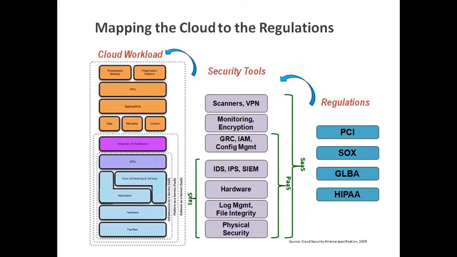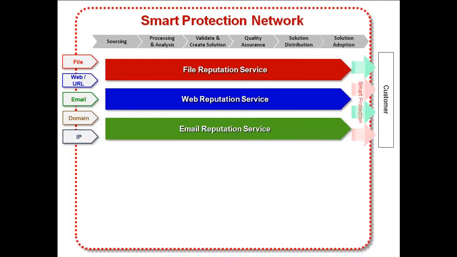We can use identity and access management and configuration management for the platforms, and for the applications deployed on this infrastructure and these platforms, we would be using monitoring, encryption, VPN, and scanners. These would be the security tools used for all three kinds of services. And the same regulations of PCI, SOX, FISMA, and HIPAA would be regulating and making sure that these tools work properly and the service provider is able to provide the service in a secure and safe manner.